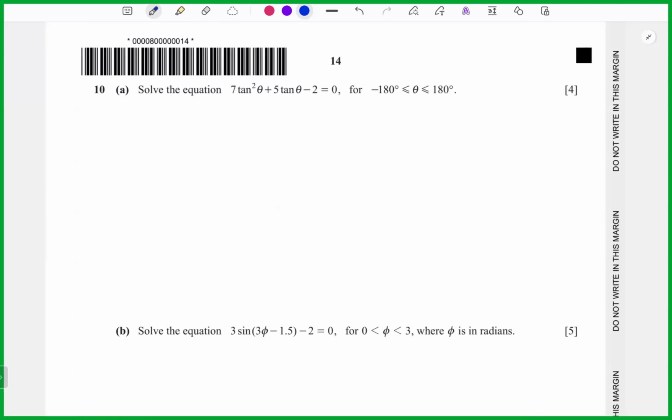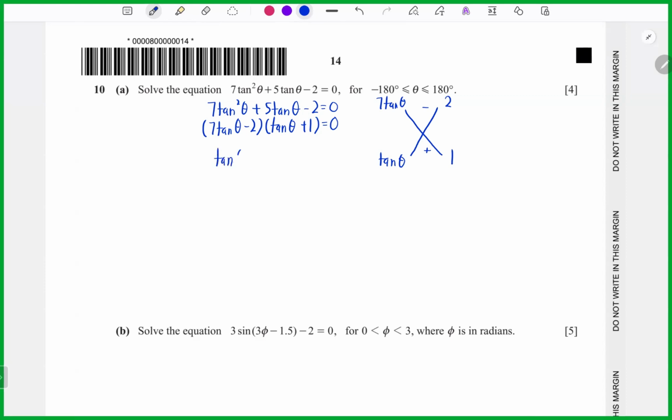So we can solve it using factorization. 7 tan theta here, 2 and 1 should be here: (7 tan theta minus 2)(tan theta plus 1) equals 0. So tan theta equals 2 over 7, or tan theta equals negative 1.